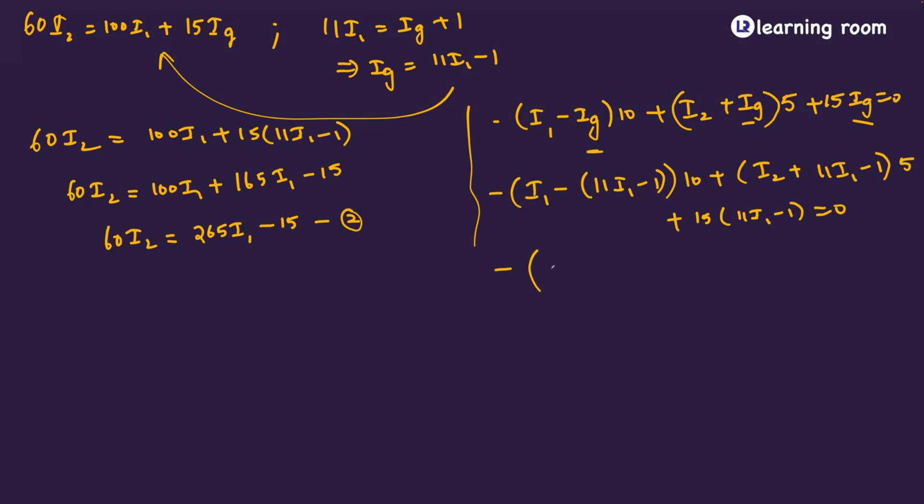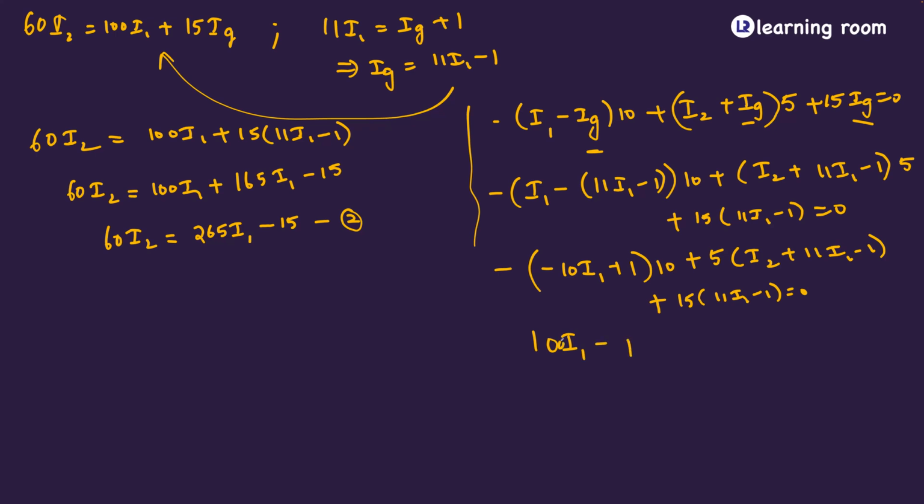So minus of minus 10 I1 plus 1 into 10 plus 5 into I2 plus 11 I1 minus 1 plus 15 into 11 I1 minus 1 is equal to 0. Take the minus sign inside. It will become 100 I1 minus 10 plus 5 I2 plus 55 I1 minus 5 plus 165 I1 minus 15 is equal to 0.